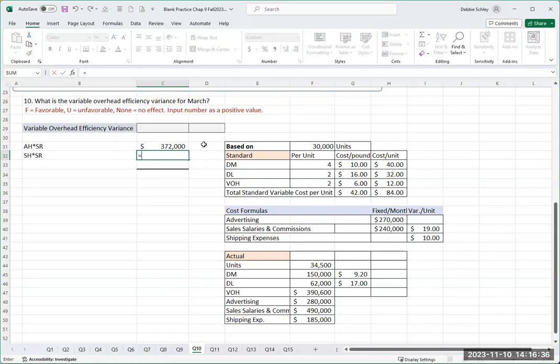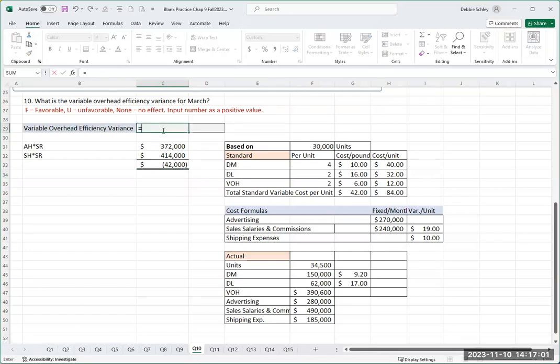That's going to be 2 hours per unit times the units and then times the standard rate. And we subtract, because we're doing the efficiency variance.